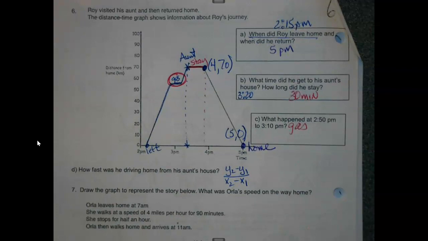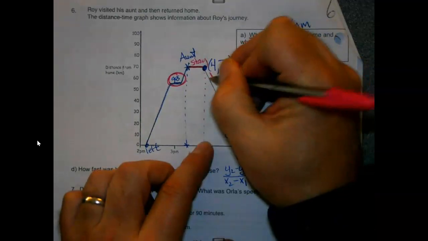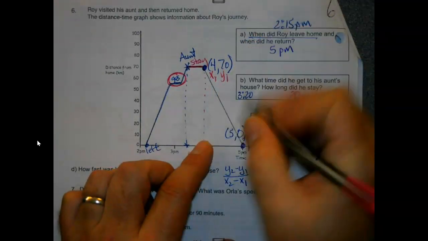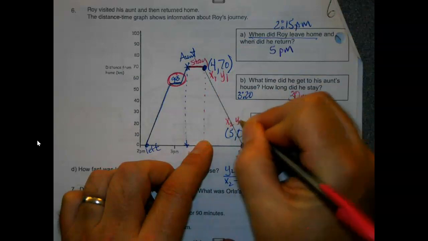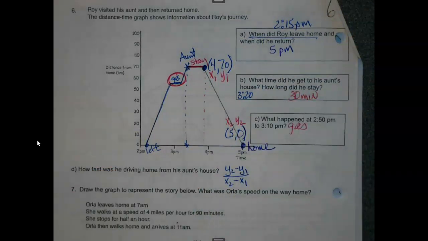you're like, oh crud, here goes that formula stuff again. Yeah, but I've got it in my notes anyway. So I can get those listed.